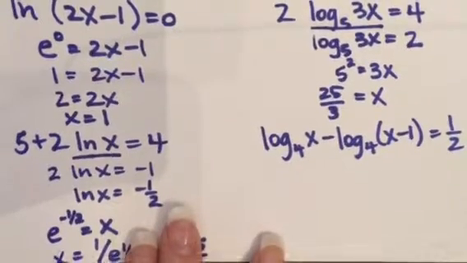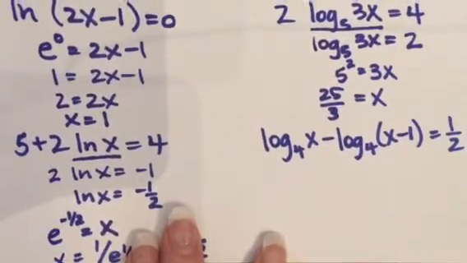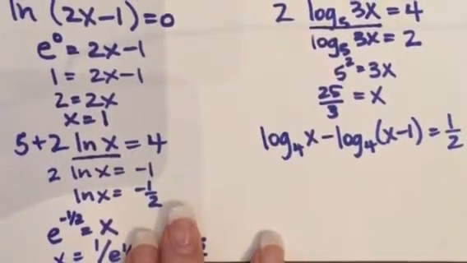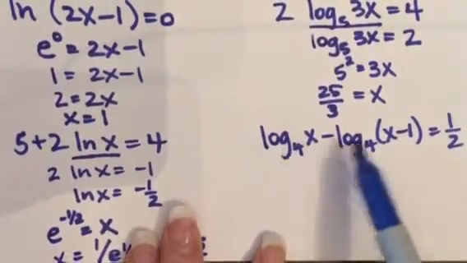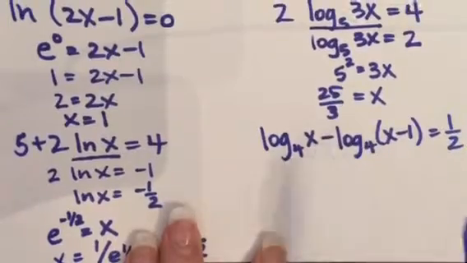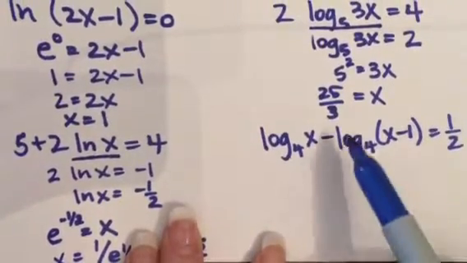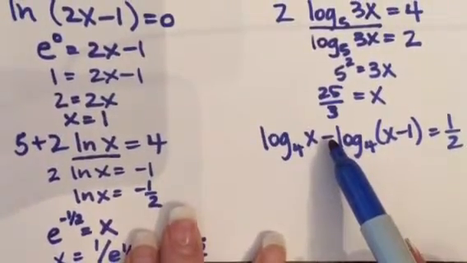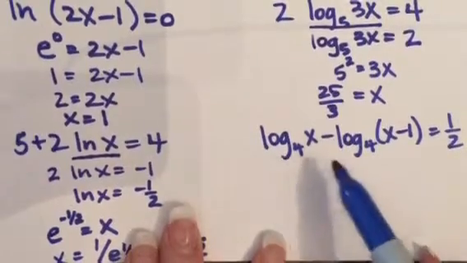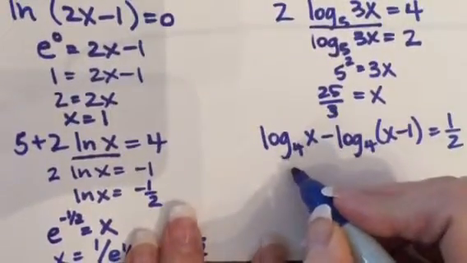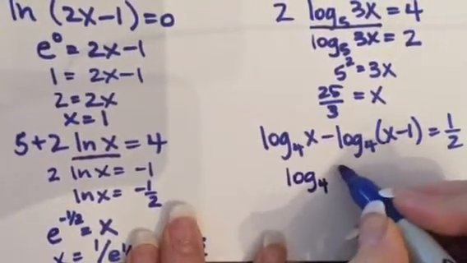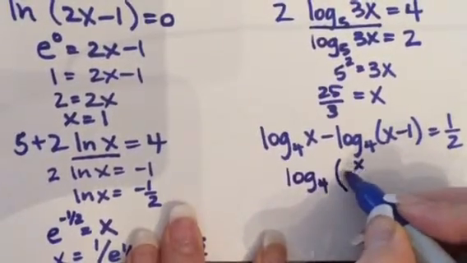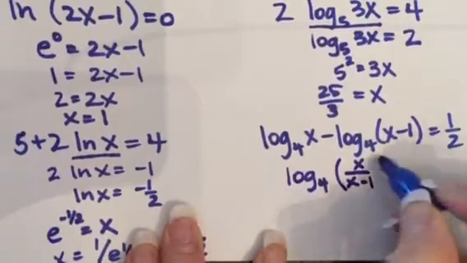So here's where the skills that we built on expanding and condensing logarithms come in handy, because I can rewrite this whole left-hand side as a single logarithm. Remember that we have a subtraction sign here, so our logarithm will be a quotient. So we will have log base 4 of x divided by x minus 1.